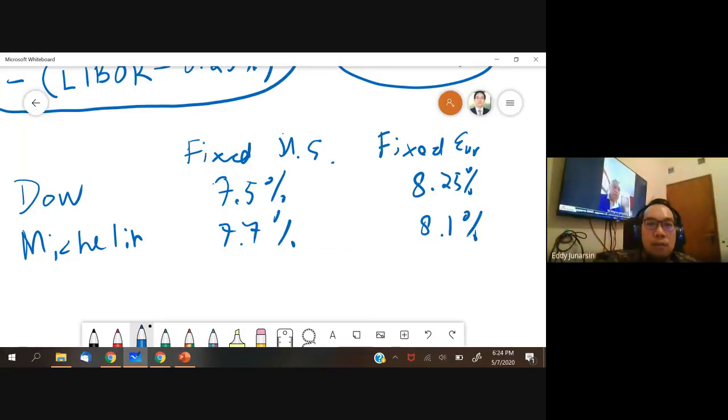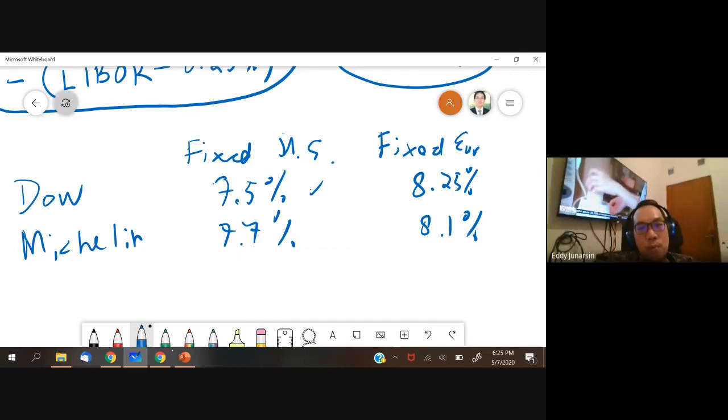So in the United States, let's say both of them have the same standing, the same rating, right? In their respective countries. But you see, right, Dow is more well known in the United States. So if both of them issue debts in the United States, Dow will have to pay 7.5, whereas Michelin has to pay 7.7.